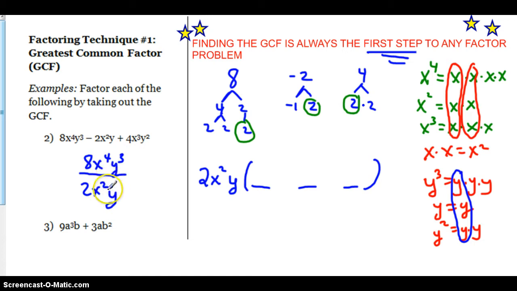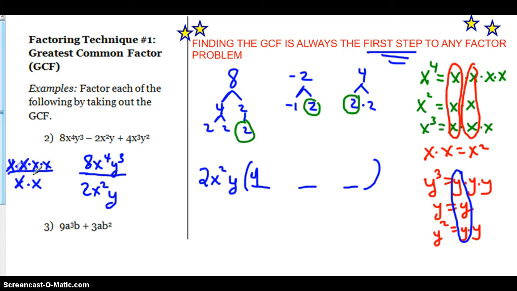So if I'm going to think about dividing my greatest common factor from this first term, then you would look at the numbers first. So 8 divided by 2 would be 4. And then x to the fourth divided by x squared would be x squared, because x to the fourth would be 4 x's, x times x times x times x over x squared.